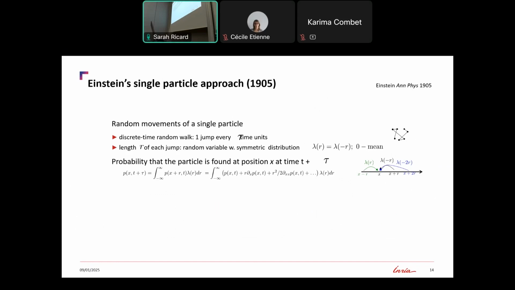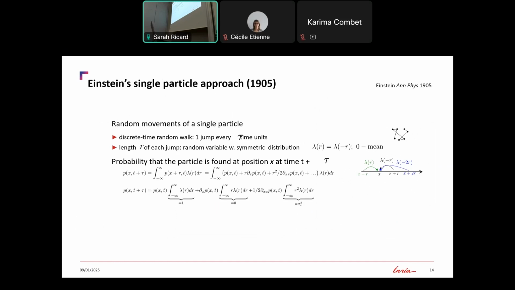So you expand p of x plus r as p of x plus r times the first derivative of p, plus r squared divided by 2 times the second derivative of p, and so on, plus higher order terms. And now, if you distribute the lambda of r, you have 3 terms. You can put p of x outside of the integral, because the integral is over r, and there's no r in p of x.